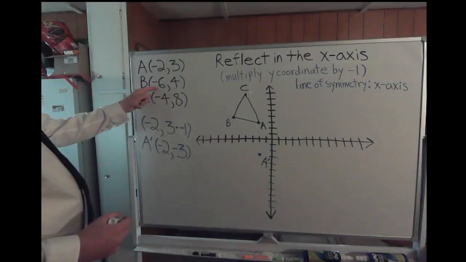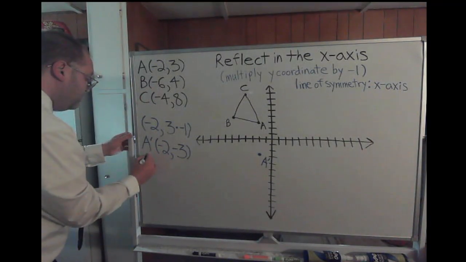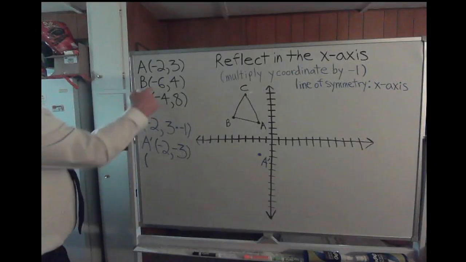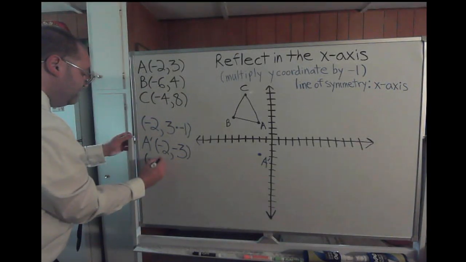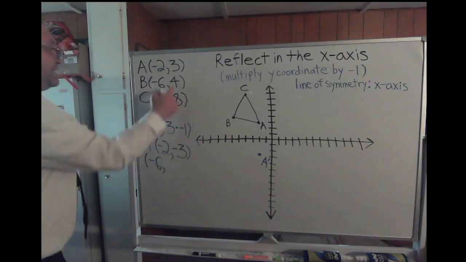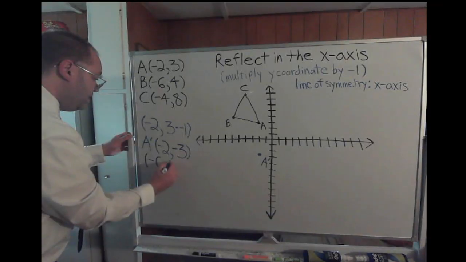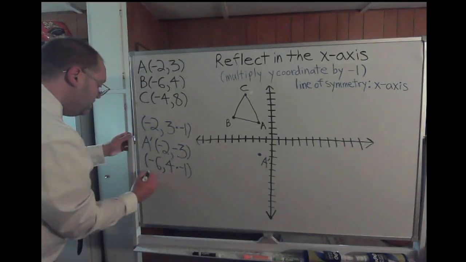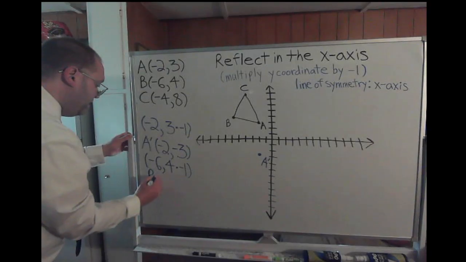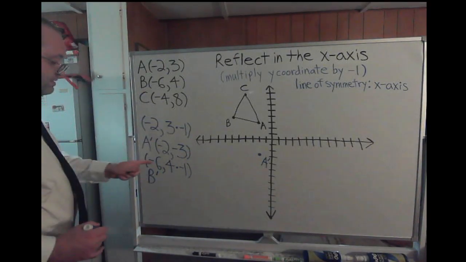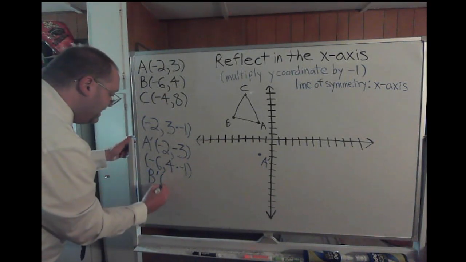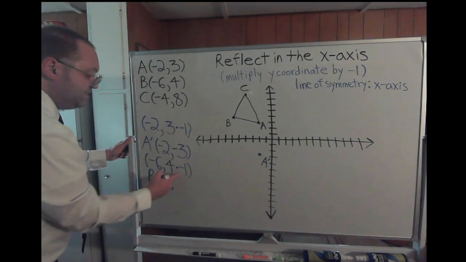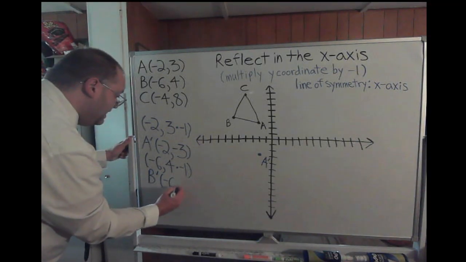All right, let's do coordinate B. So again, since we're reflecting across the x-axis, leave your x-coordinate of -6 alone. But you're going to take your y-coordinate of 4 and multiply that by -1, which means that B prime is going to be your x-coordinate -6 left alone, but 4 times -1 for y becomes -4.